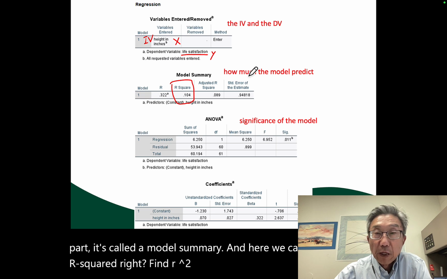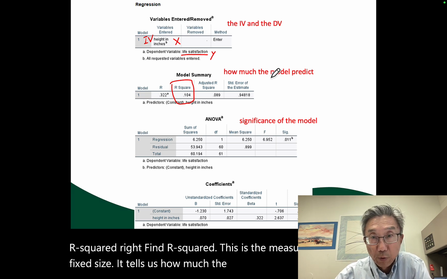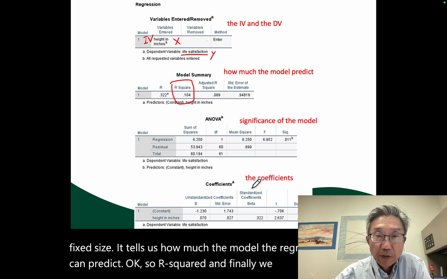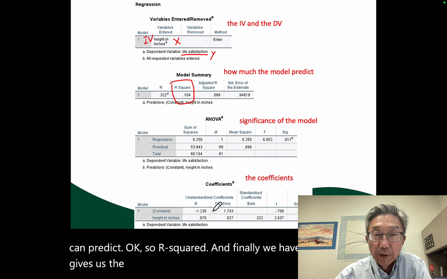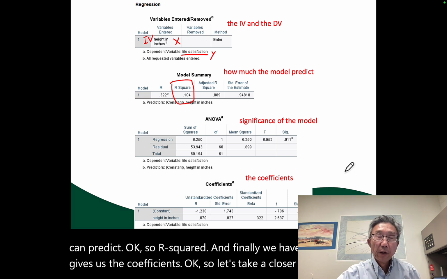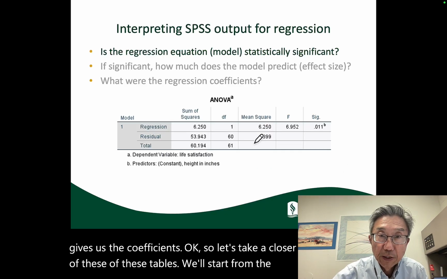This is the measurement of effect size. It tells us how much the model, the regression equation, can predict. And finally, we have a table that gives us the coefficients. Okay, so let's take a closer look at each one of these tables. We'll start from the analysis of variance table.